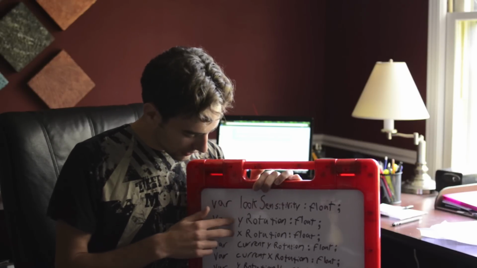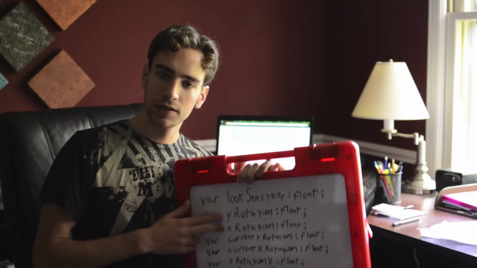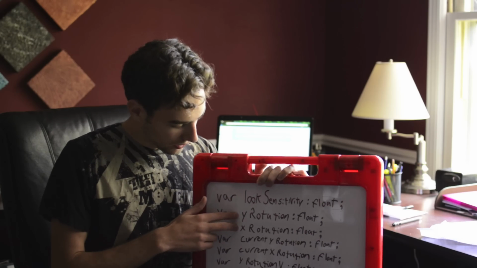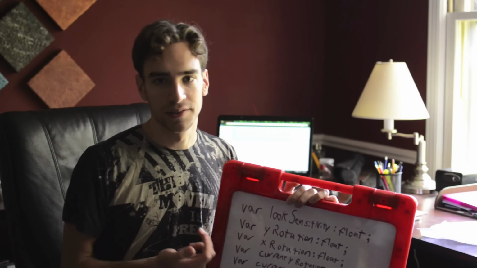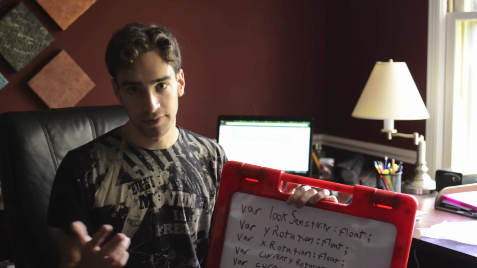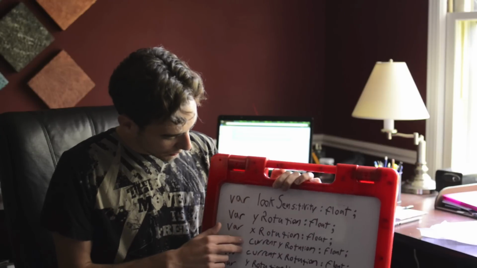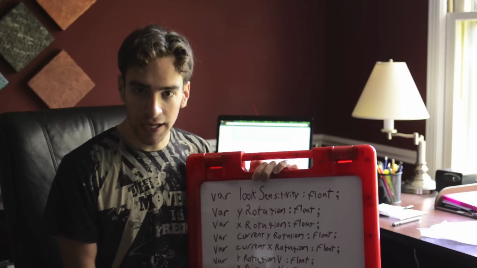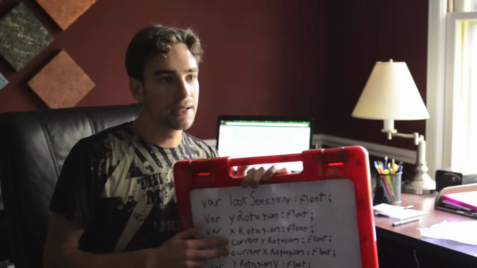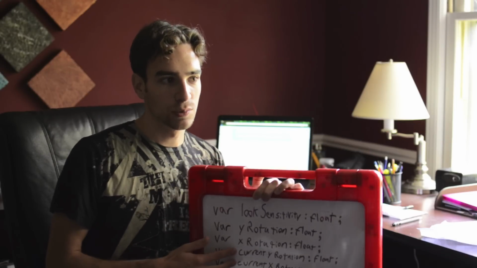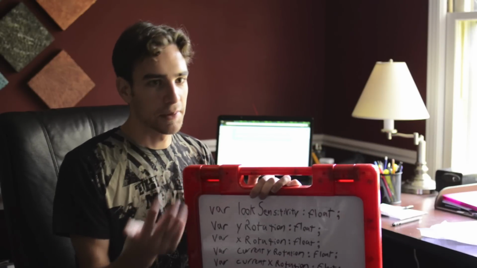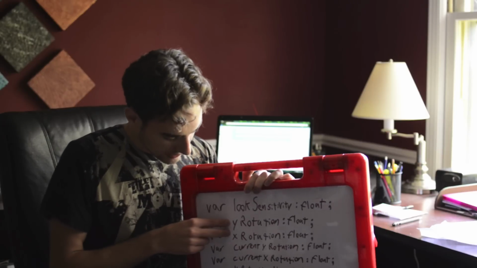So basically, these are going to be our saved target rotations of where we want the player to turn to based on where the mouse is moving. Next, we have current Y rotation and current X rotation. What these are going to be is the actual amount of degrees that the camera is rotated, whereas this is a target.